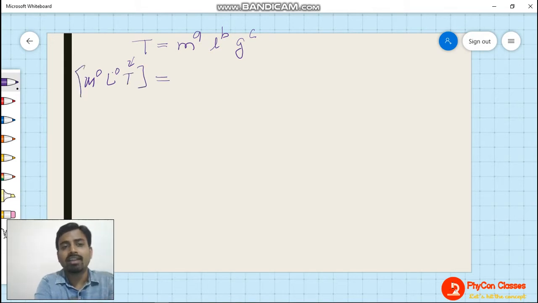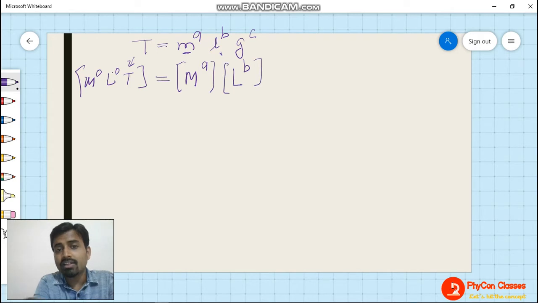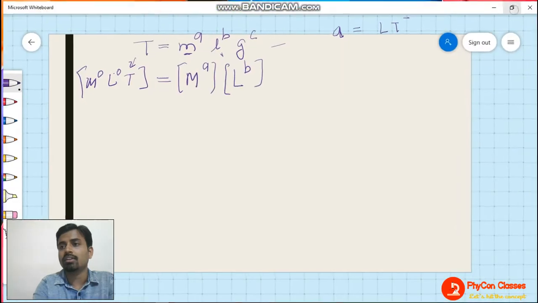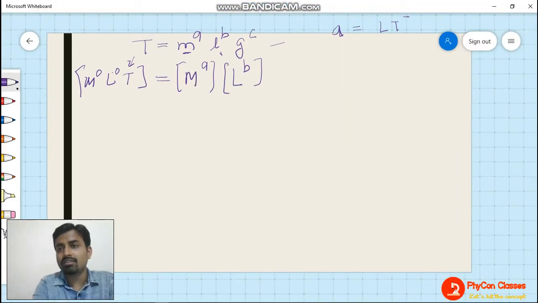Now for the right hand side, m represents mass, so capital M to the power of a. Then L represents length, so capital L to the power of b. Then g is the acceleration due to gravity. For acceleration due to gravity, the dimension is LT to the power minus 2. Do you remember this? LT to the power minus 2.